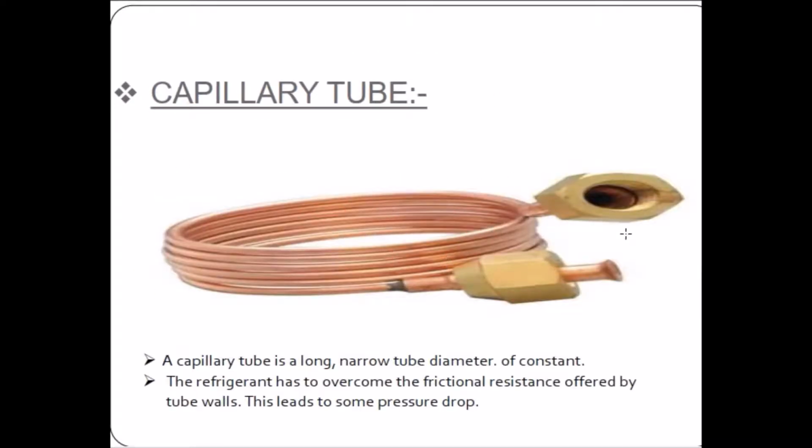Capillary tube. So what is the capillary tube? A capillary tube is a long, narrow tube of constant diameter. If we look at it, the diameter of the capillary tube is reduced. It's not similar. Okay, we observe from this tip first. Maybe the diameter is higher compared to this one.